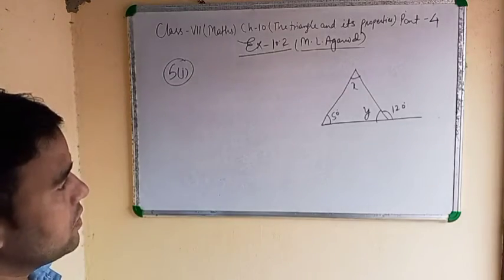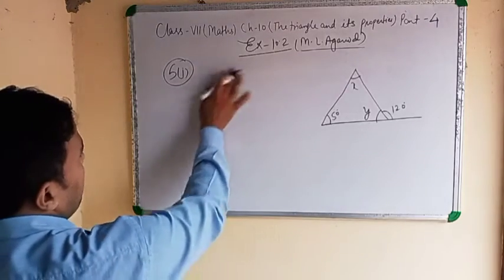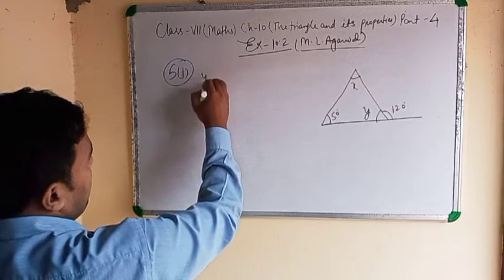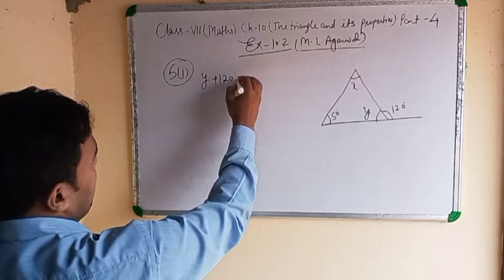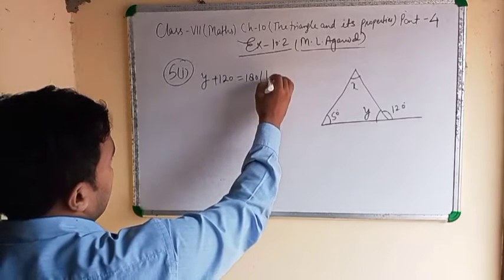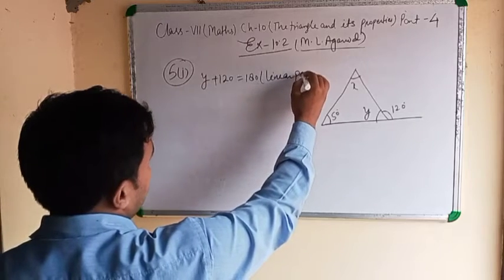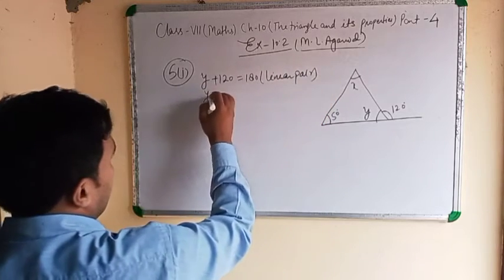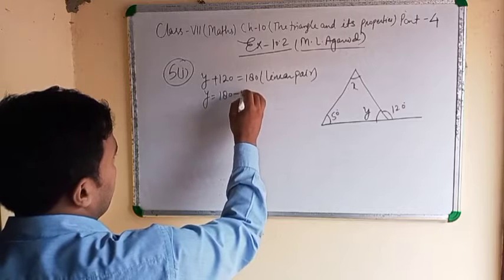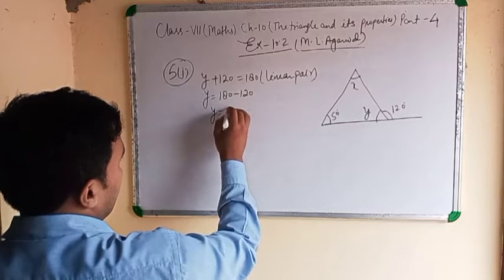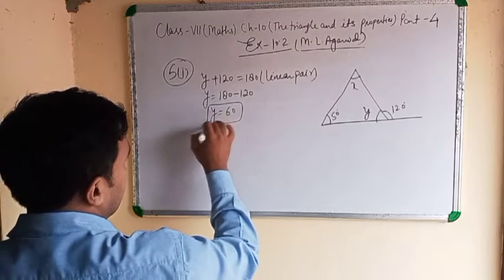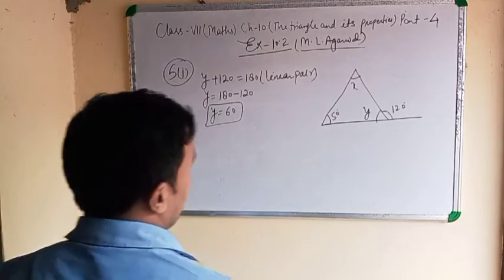Clear? Means find the value of x and y. Y plus 120 equal to 180 degree by linear pair. Then y equal to 180 minus 120. Y equal to 60 degree. Clear?